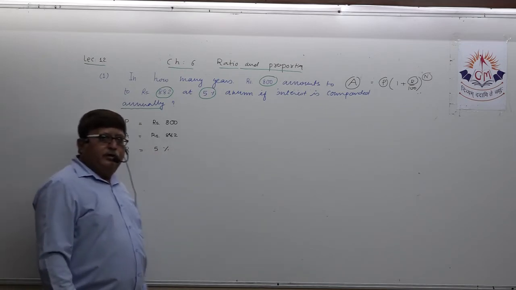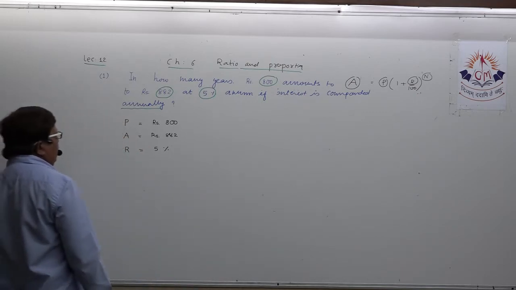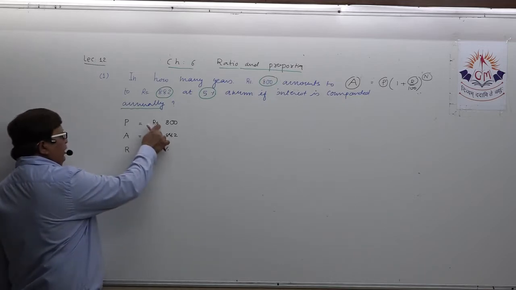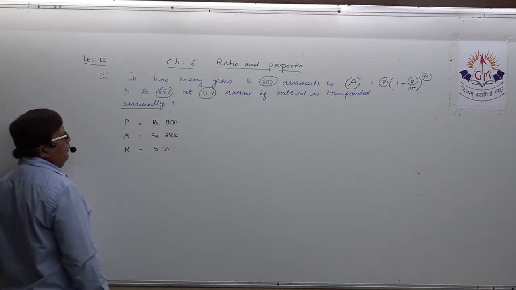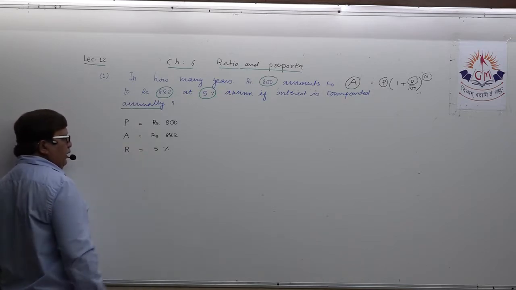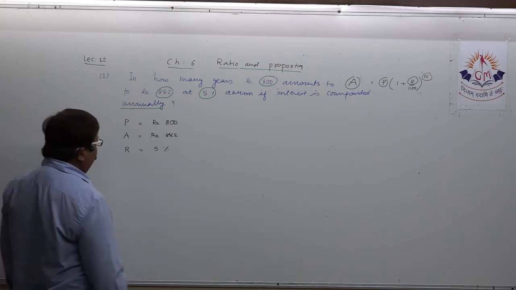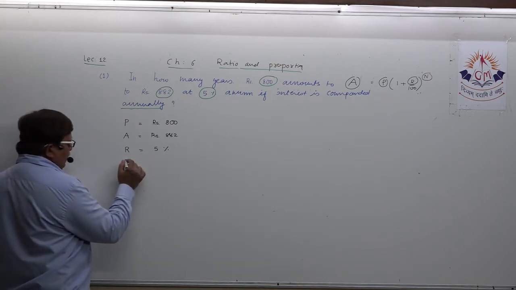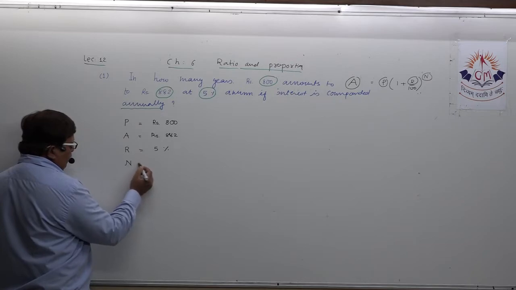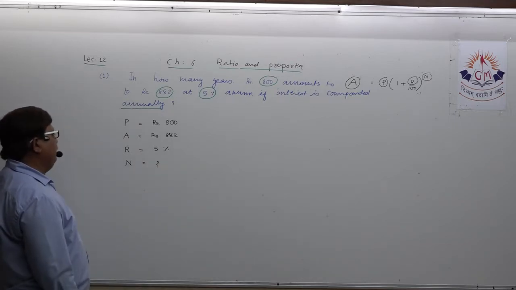This is the data we can estimate from the given example. In how many years rupees 800, the principal, amounts to rupees 882, the amount, at 5% rate of interest. We are looking for the number of years, n equals question mark.